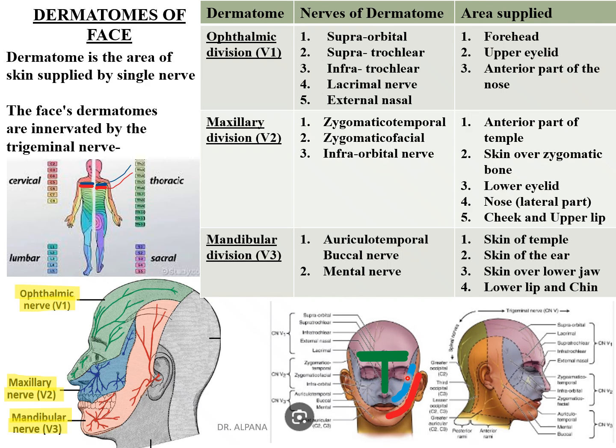When viewed anteriorly, this is how the dermatomes appear. This T-shaped zone is the dermatome of ophthalmic nerve. This is the area which is a dermatome of maxillary nerve, and this area is the dermatome of mandibular nerve.